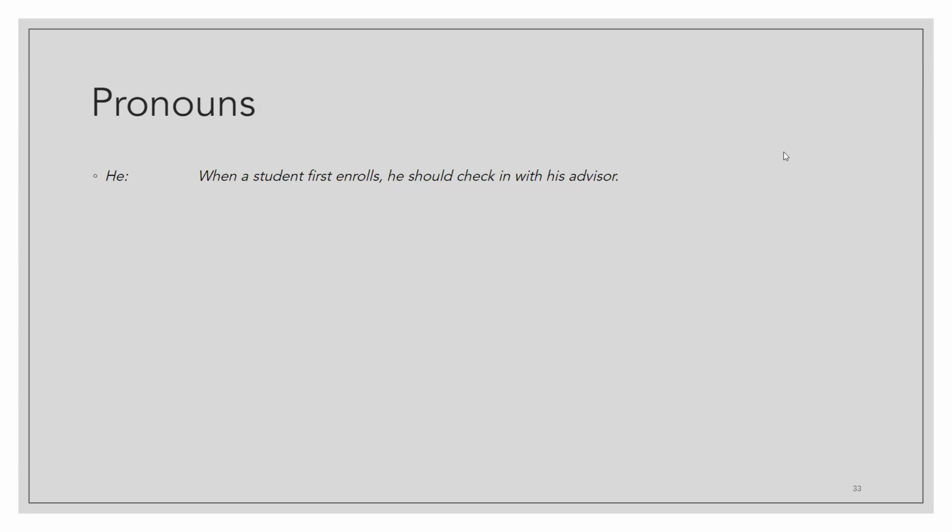If we wanted to avoid using a gendered pronoun, I could use the pronoun one. When one first enrolls, one should check in with one's advisor. Unfortunately, this use is not very common at all.